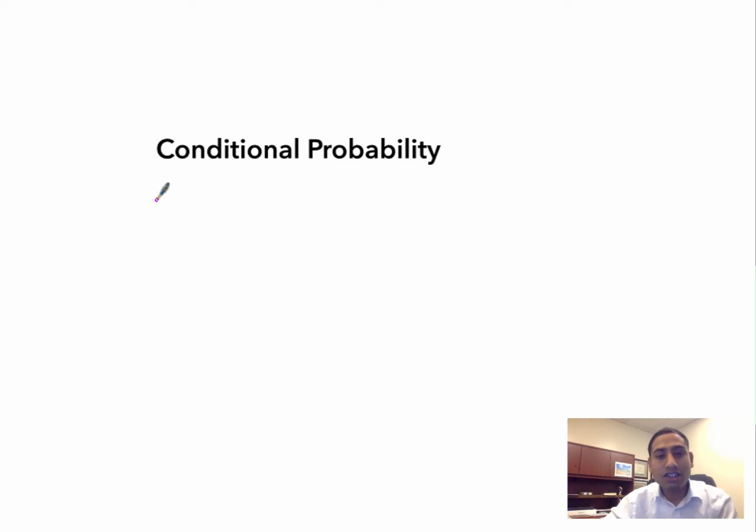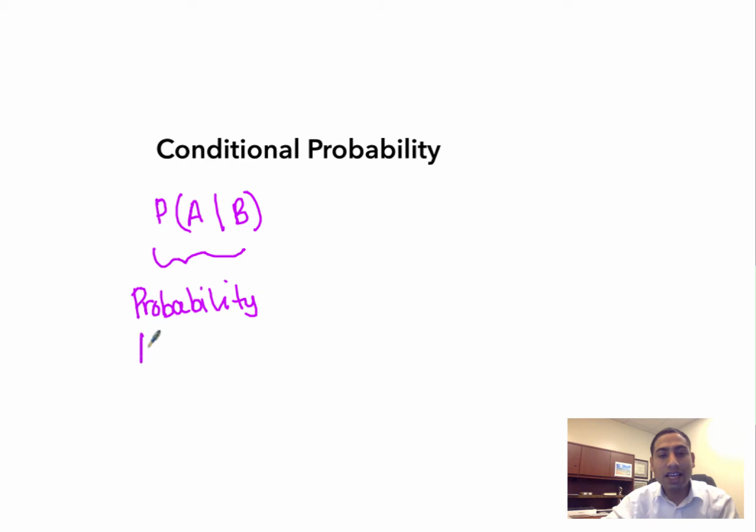The way we denote conditional probability is by writing probability A and a vertical bar B, and this should be read as probability A given B. So in other words, we know about the event B, and we're interested in finding the probability of event A given B. So it's just like the last example we saw, the probability of getting a 3 given it's an odd number.